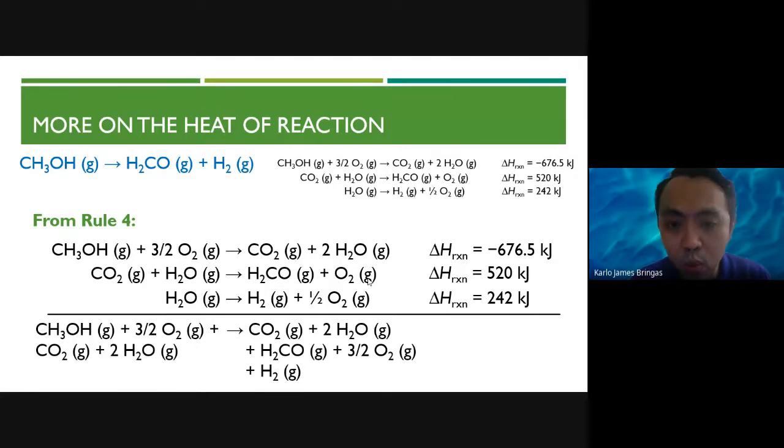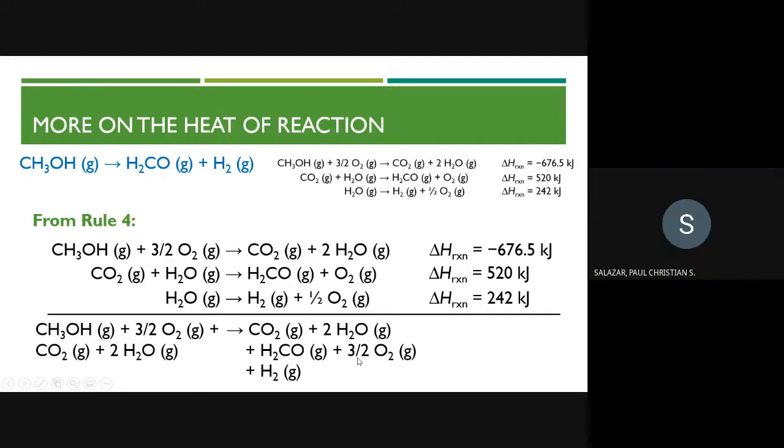Okay, good question. So here, you have oxygen. Oxygen here has a coefficient of 1. And in the third equation that I'm pointing at right now, it has a coefficient of 1 half. 1 plus 1 half gives me 3 halves.